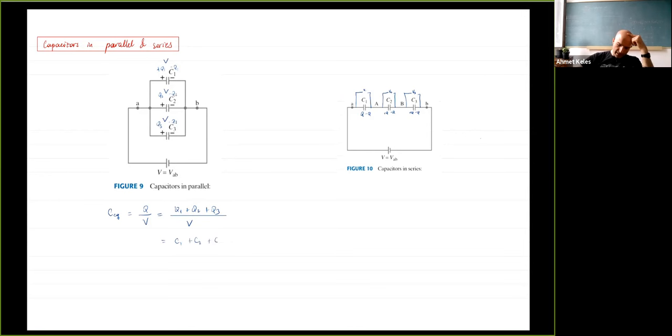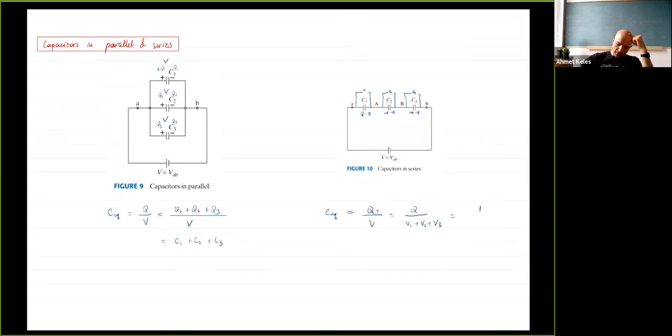Whereas in the series one, C equivalent is equal to, I have the charge Q, but I don't have the voltage, so I have to do something. I need to think of total charge divided by total voltage. But the total voltage is what? C equivalent is Q divided by V1 plus V2 plus V3.